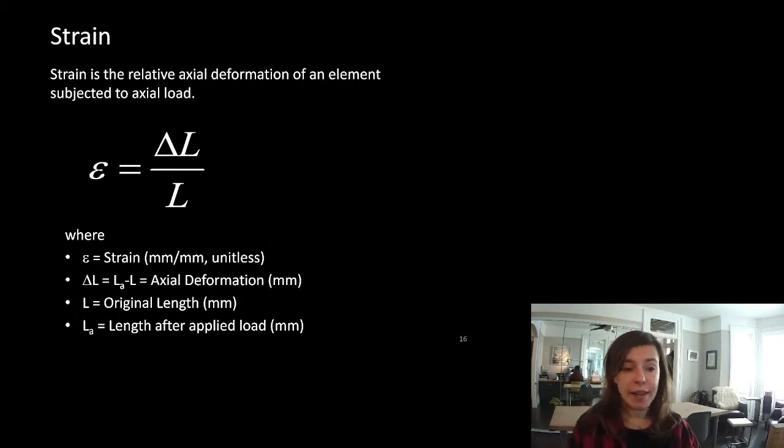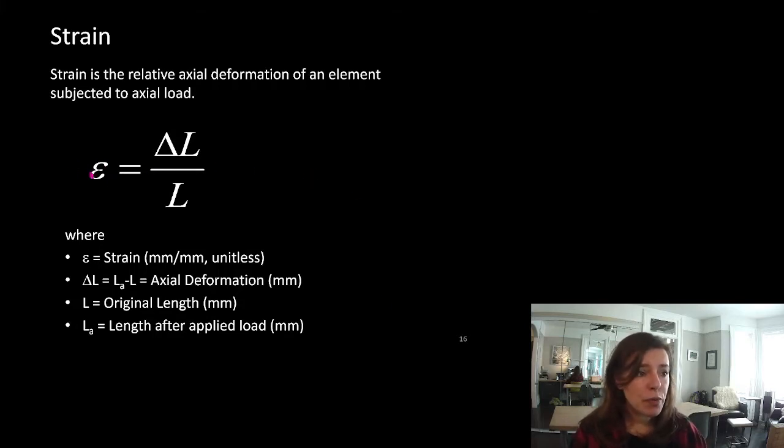You might find it helpful to always write strain as millimeters divided by millimeters, just to help keep your head in the right place, specifically because it'll remind you what units you're working in. You don't have to write units. Strain is a unitless element, so that is totally fine. But I find it helpful in the early stages to write strain as millimeters divided by millimeters.